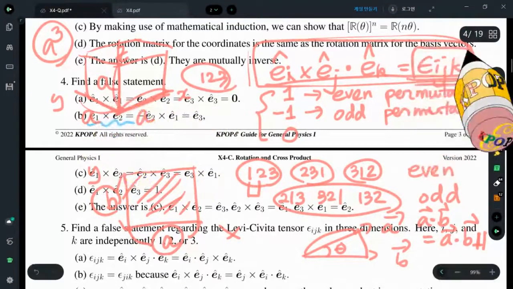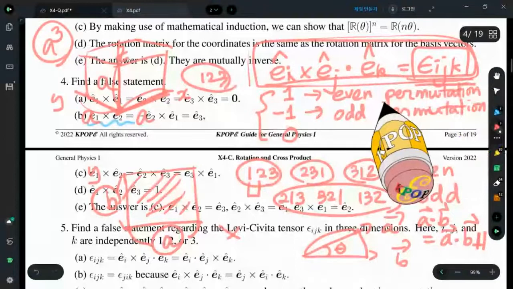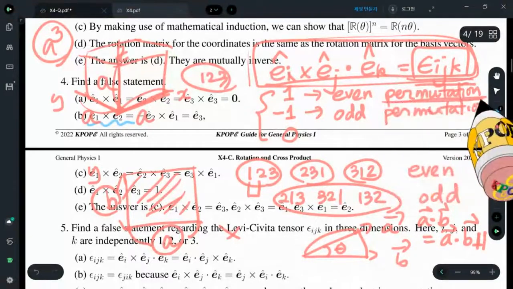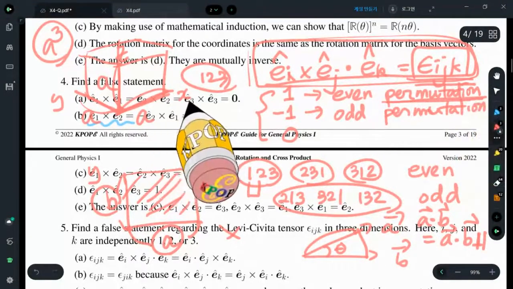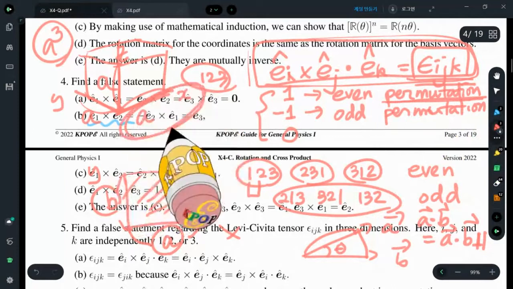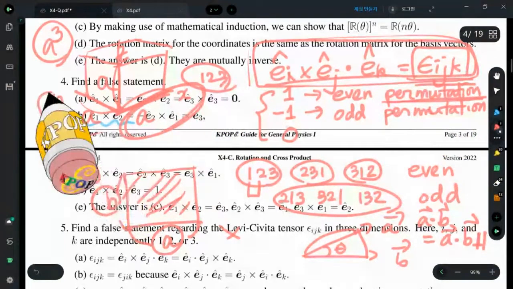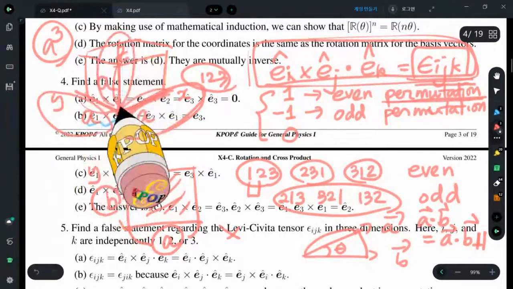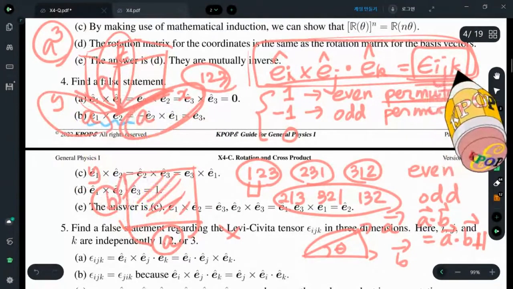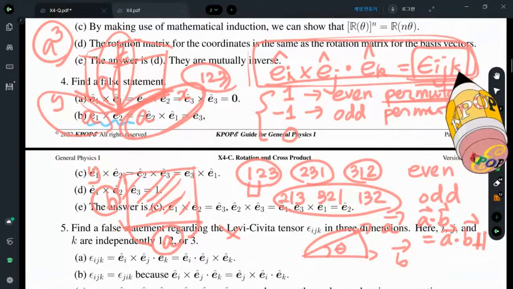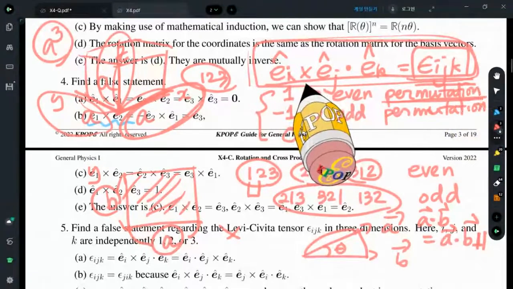This is the reason why I need to find a permutation: if I choose the component parallel to the x-axis first, and then I need to find the y component and z component, they must all be perpendicular to one another. Okay?